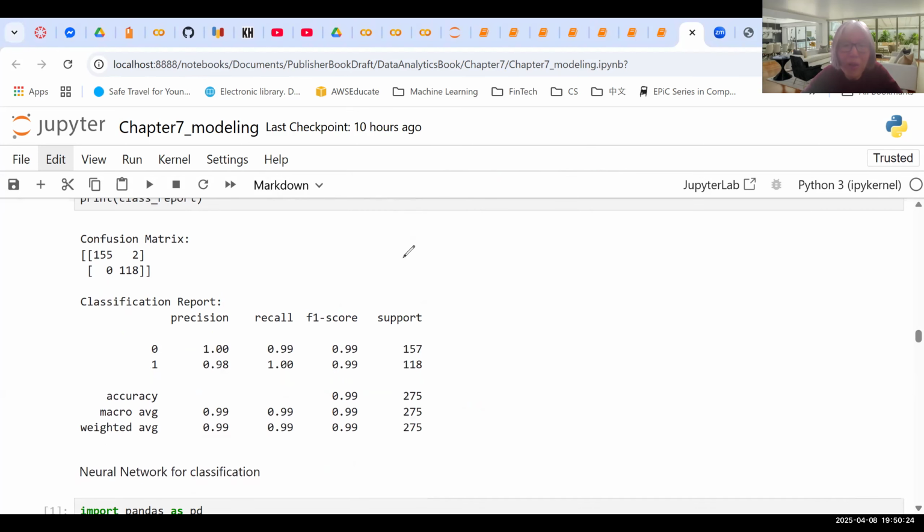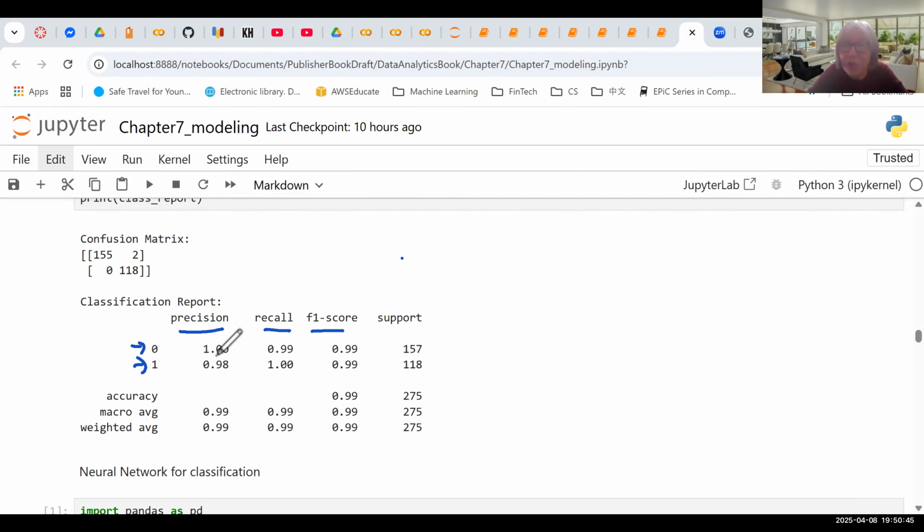So for the classification report, you will see it includes more information. It includes precision, recall, and F1 score, which we will explain. Here is a number, and over here it represents which class.